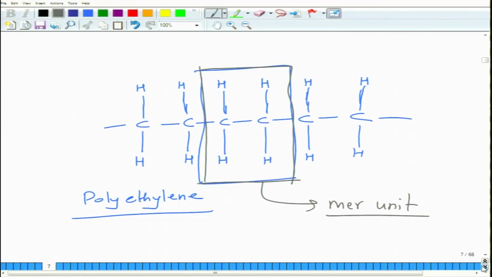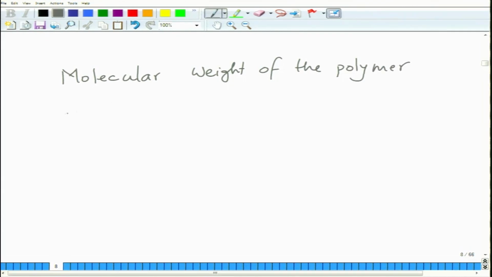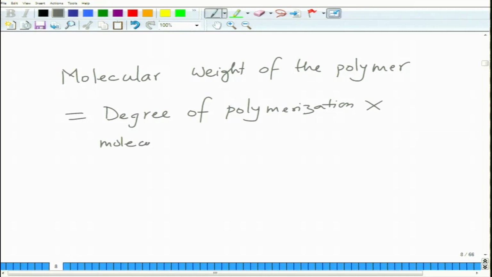So for a polymer, you can define the molecular weight of the polymer as the degree of polymerization multiplied by the molecular weight of the monomer.